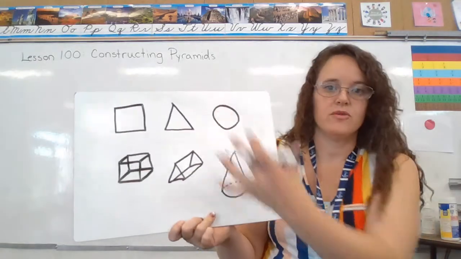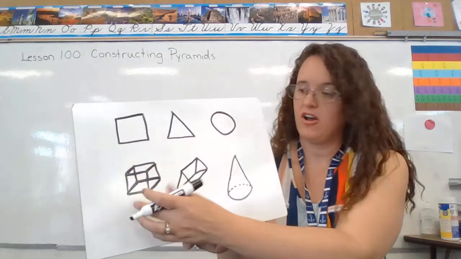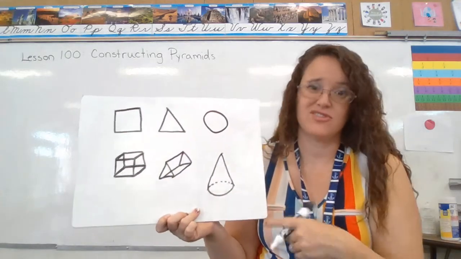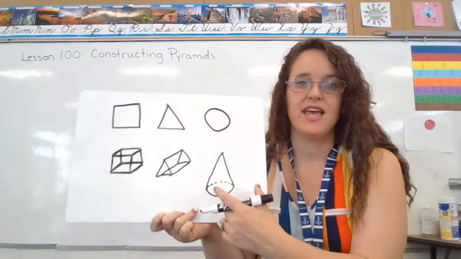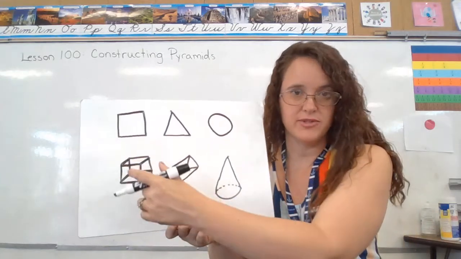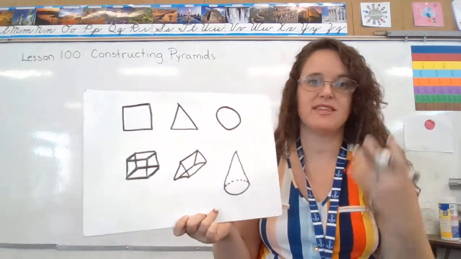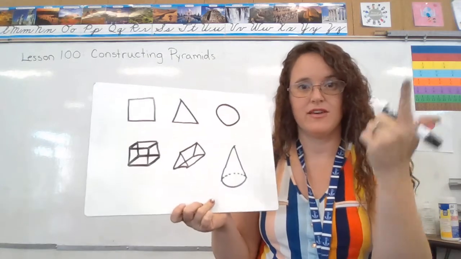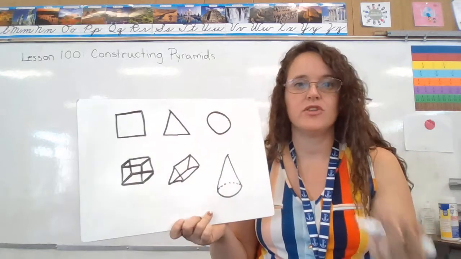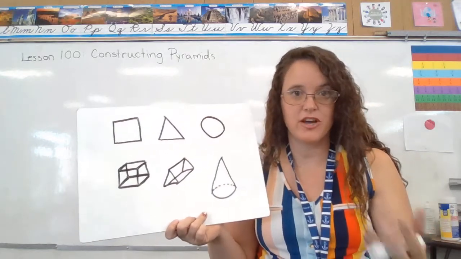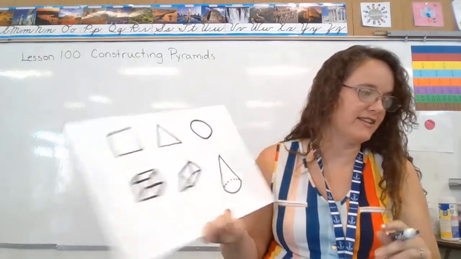So these are just pictures, so they're still kind of flat, but they're supposed to represent a three-dimensional object that has depth, that has length, width, and height, or length, width, and depth. Those are the dimensions that we're talking about, measurements that we can find.